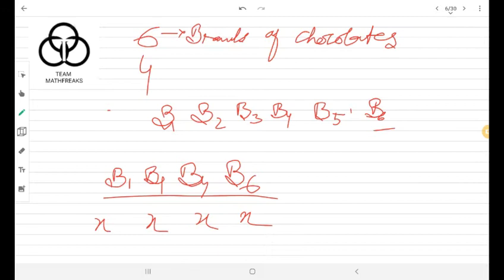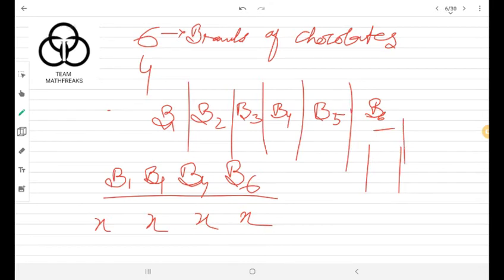Let's denote the brands by boxes. So how will our boxes look? This would be the arrangement of boxes. Here we do not need to give any kind of vertices, because even without them we are demarcating the 6 positions where they can be arranged. We have chosen 2 from brand 1, so the first X comes from brand 1.